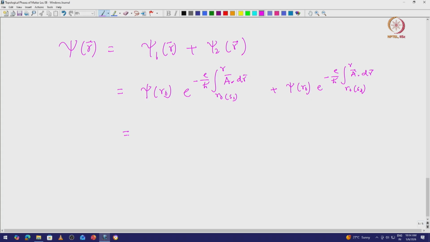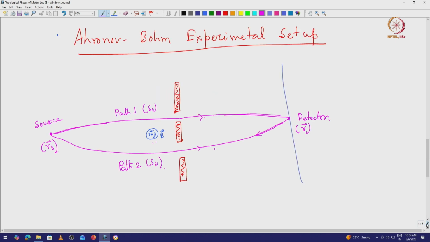So, what you can do is that we can reverse this path, and let me just do it quickly. So, one was this path 1 and another one is this path 2.